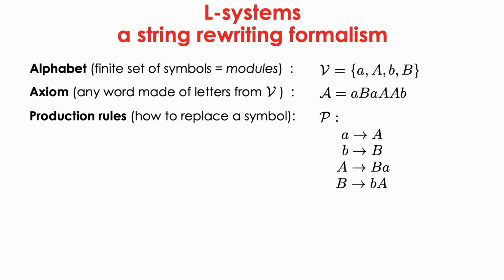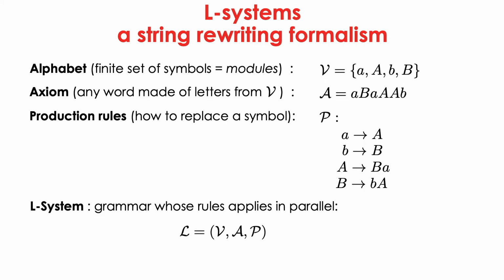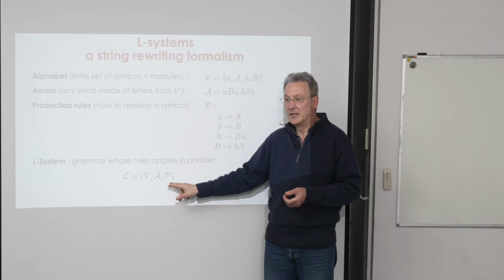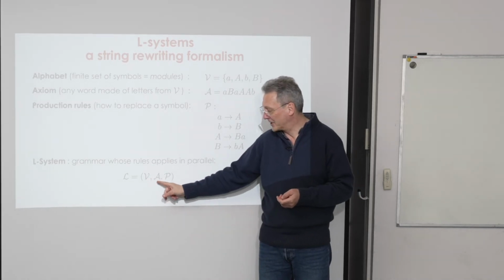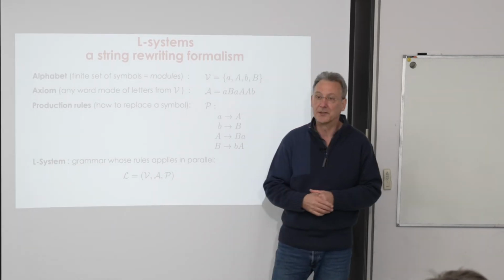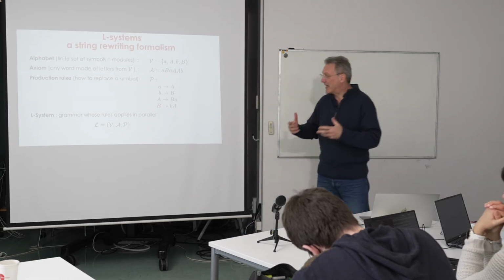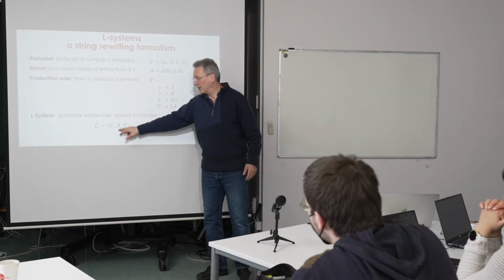And then, very importantly, the set of rules, P, that is described by the following equations. The L system, in a formal manner, is a set of three elements: the vocabulary, the axiom string, and the set of rules. And I know that if I have this, I am able to compute the evolution of the axiom.